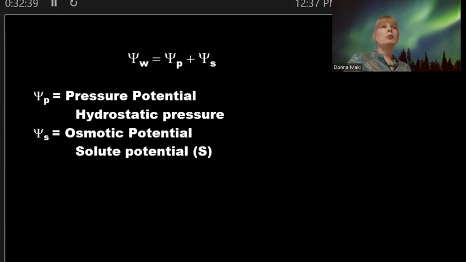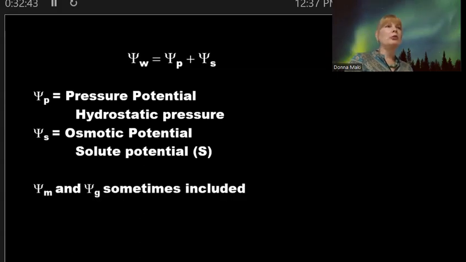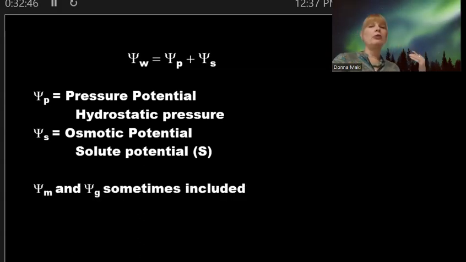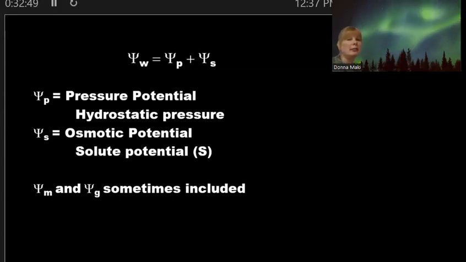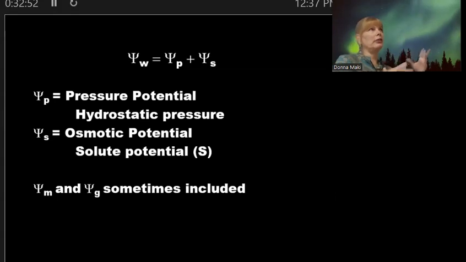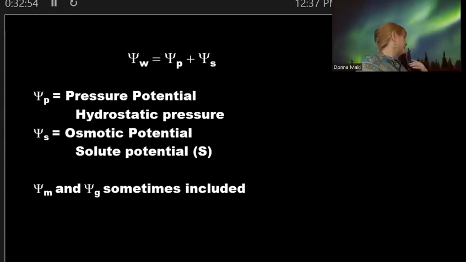Now, if this were a graduate level plant physiology class, I might tack on a couple more terms to this equation where you would factor in a psi sub M and a psi sub G. G is gravity, M has to do with the matrix component of the xylem. We're not going to do that because we're going to think about an average plant, not a giant redwood.